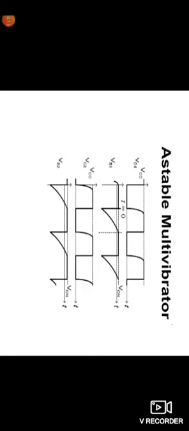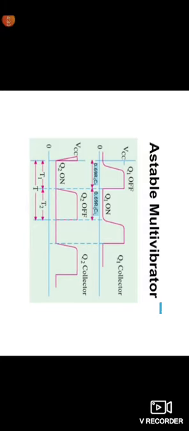In the astable multivibrator, here Q1 is off and Q2 is on, that is the T1 state. The time constants are 0.69 R1 C2 and 0.69 R2 C1, at the Q1 collector and Q2 collector.